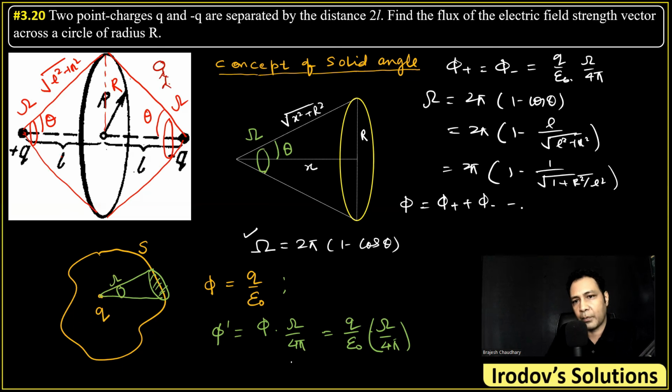So that will become q by epsilon naught into total omega by 2 pi. Putting omega by 2 pi here, we get q by epsilon naught into 1 minus 1 upon square root of 1 plus R square by L square. And this is my answer.